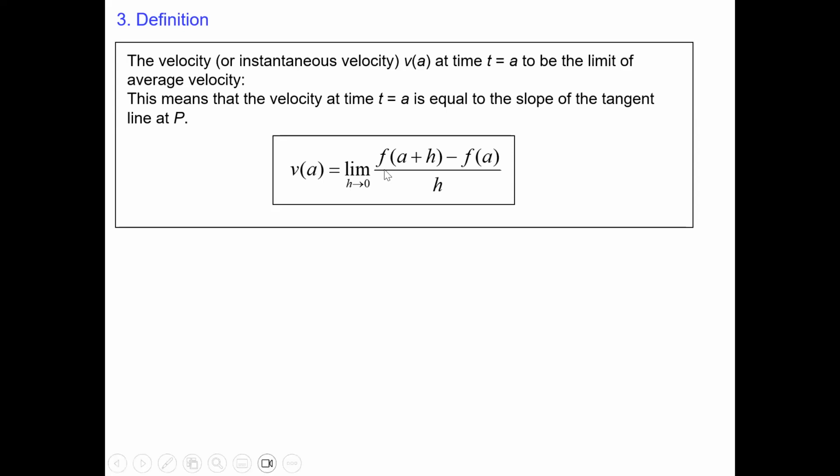At the beginning of chapter 2, we explained this more carefully. So now I can say that this definition of the slope of the tangent is exactly the same as finding the instantaneous velocity. We can see the same limit.